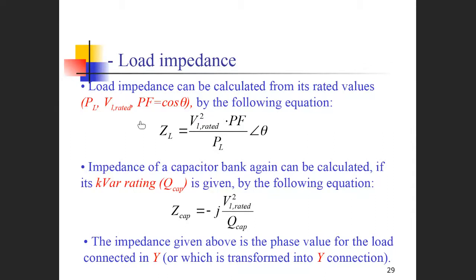So if we have a three-phase load connected to a transformer, the per star phase impedance of the load, ZL here, is the per star phase impedance of a three-phase load, which can be calculated as the rated voltage squared over the apparent power, right?